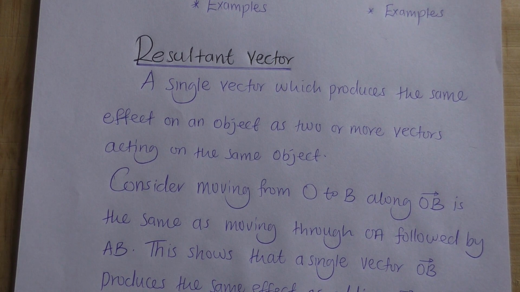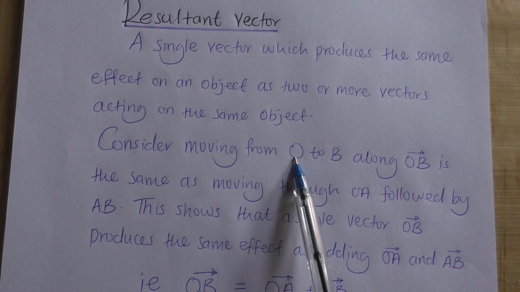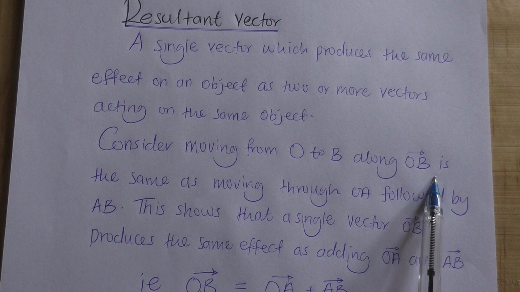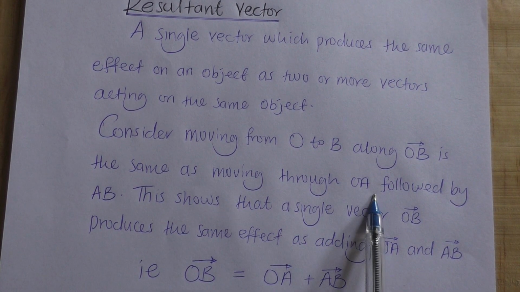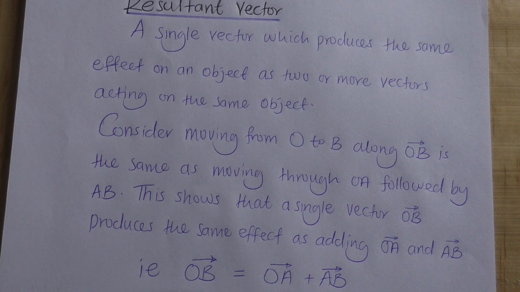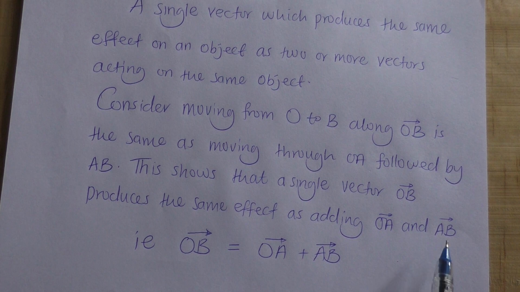And we shall consider moving from O to B along OB. This is the same as moving through OA followed by AB. And this shows that a single vector OB produces the same effect as adding OA and AB.